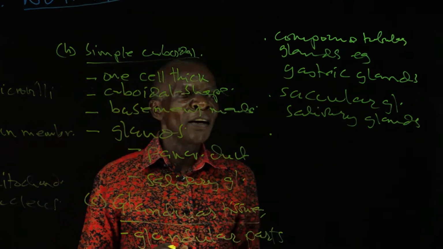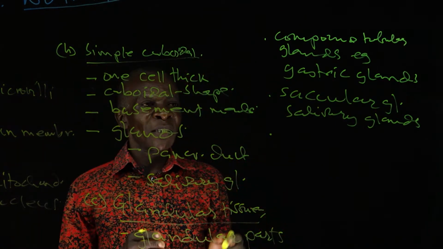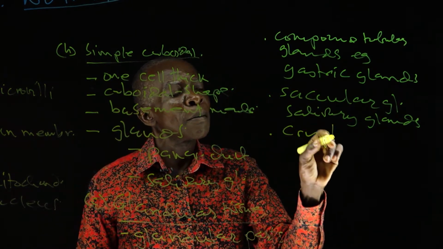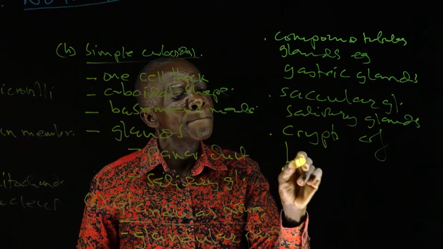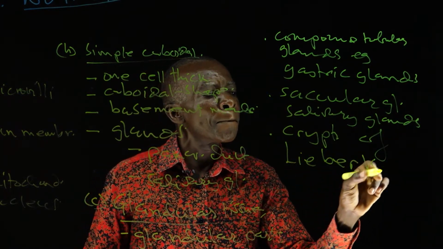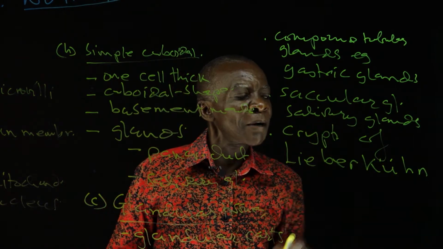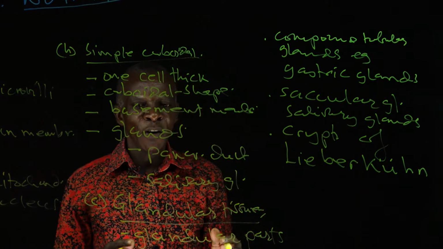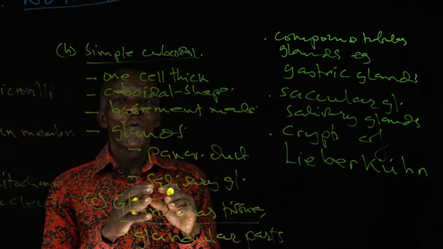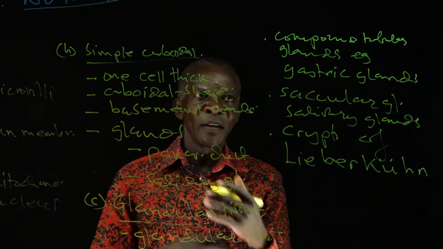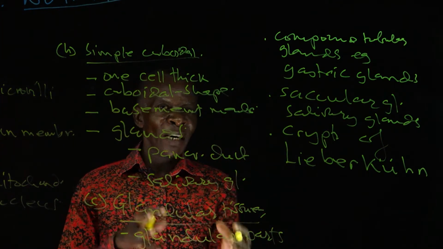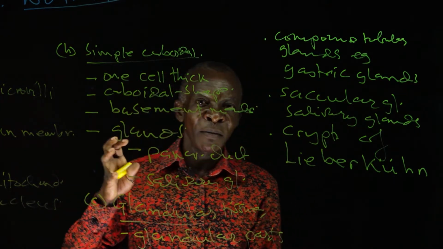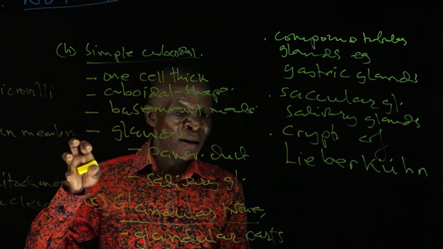But we also have tubular structures that form the glands, for example, those of the crypts of Lieberkuhn. This is found in the intestines. All in all, you can see how the structure of the epithelial tissues can be related to the efficient working of the digestive system and the alimentary canal as a whole.